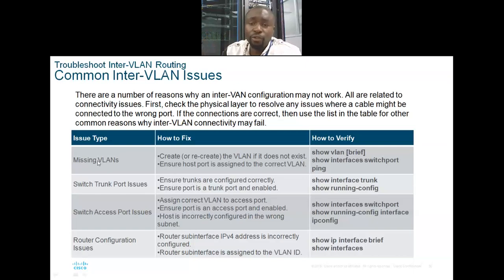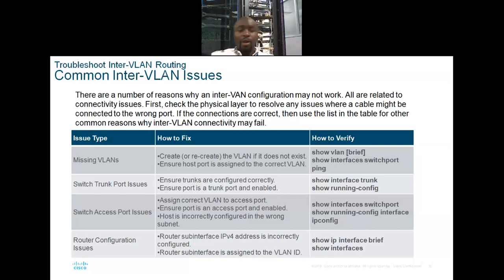First of all, you do your show vlan or show vlan brief command that will show you the VLANs that are there. If you are having a problem with a particular VLAN, there is no traffic routing to those VLANs, or you cannot get details from there, then you start from here. Or you do show interfaces switchport, or sometimes you can even ping.